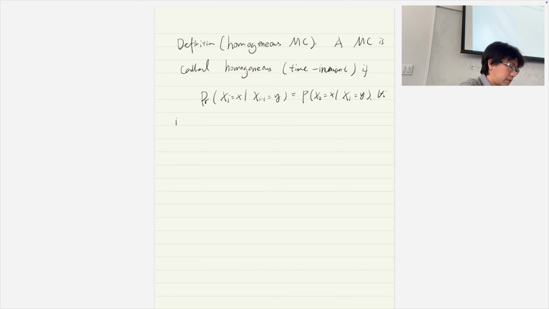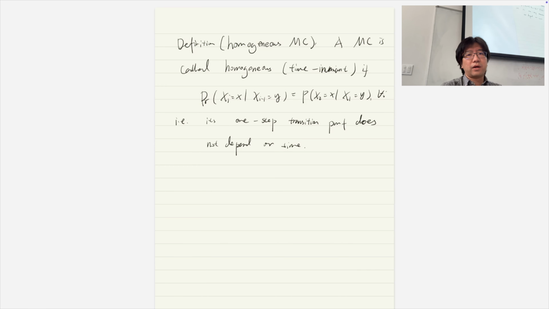So the meaning of it is nothing but that the one-step transition PMF does not depend on time.